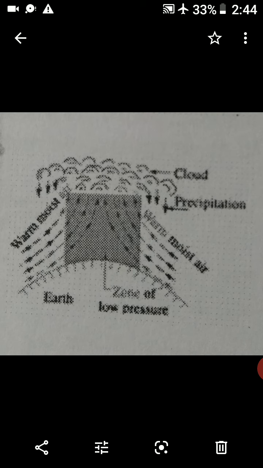Due to the condensation, the moist air will be lifted to the cloud, and these clouds get condensed and precipitation occurs on the earth surface. This is the zone of low pressure in the center portion.